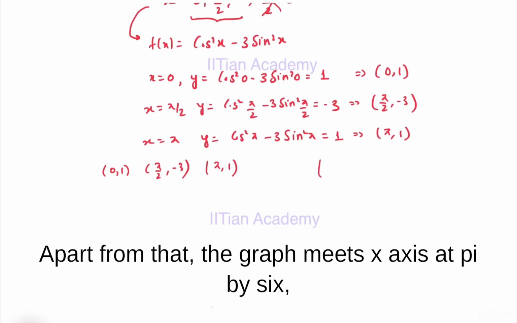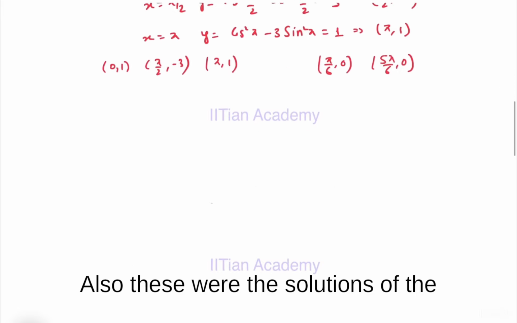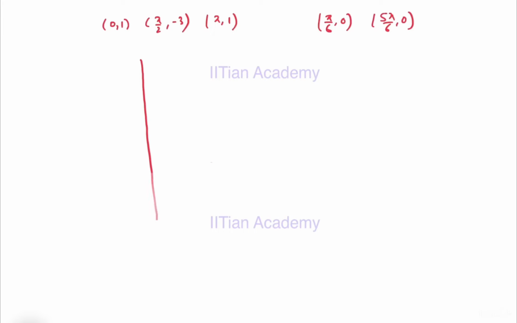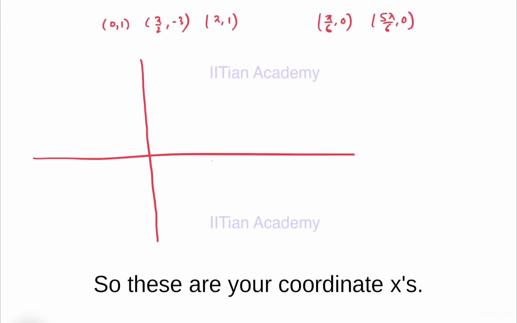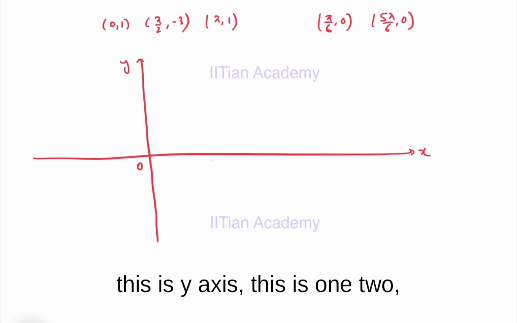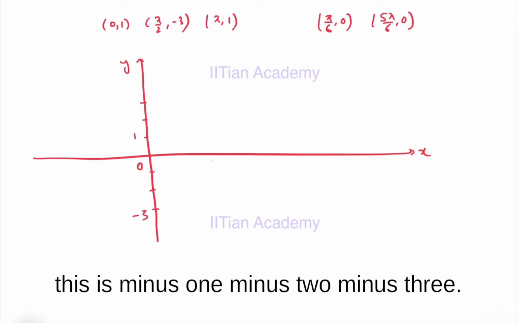Apart from that, the graph meets the x-axis at pi by 6 where the value of the graph is 0, and 5 pi by 6 also. These were the solutions of the equation identified in the first part. So these are your coordinate axes. Suppose this is 0, this is the x-axis, this is the y-axis, this is 1, 2, this is minus 1, minus 2, minus 3.